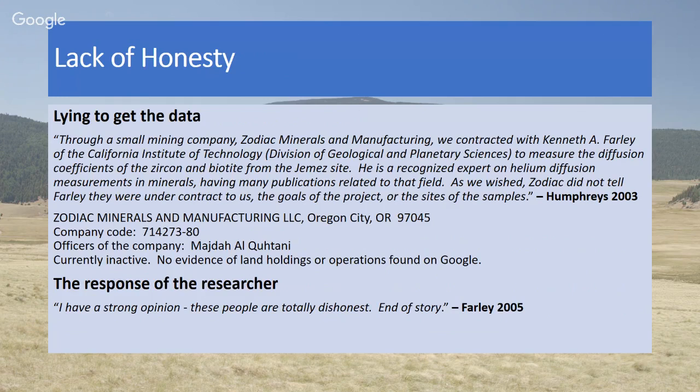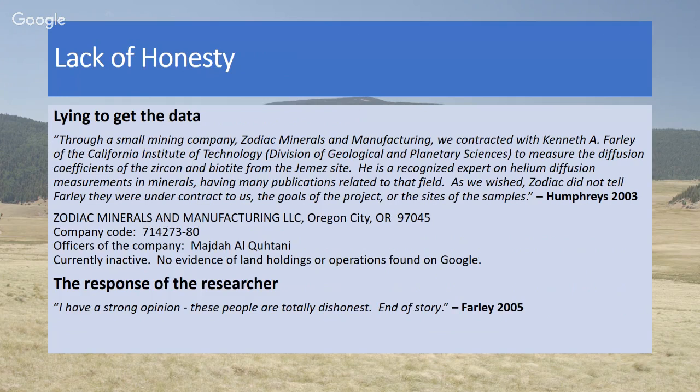As we wished, Zodiac did not tell Farley that they were under contract to us, the goals of the project, or the sites of the samples. In other words, basically lie to get the data and use a third party to lie for you.